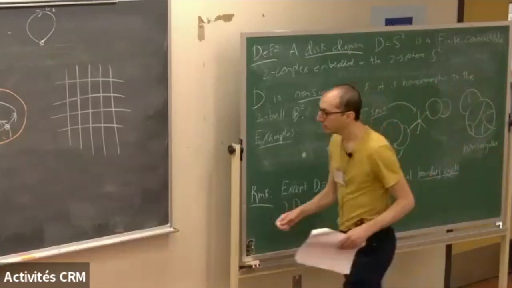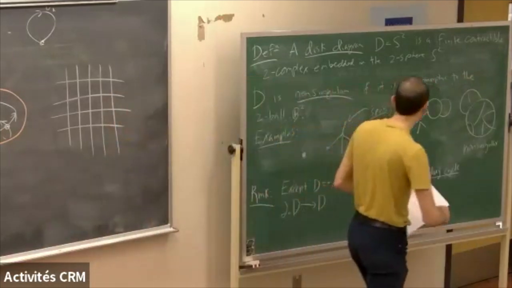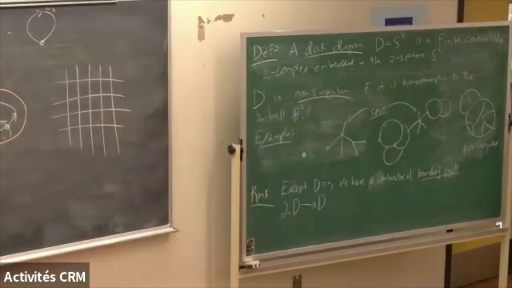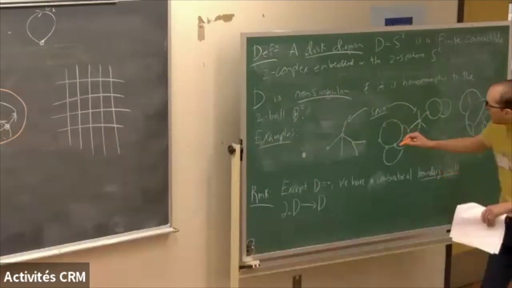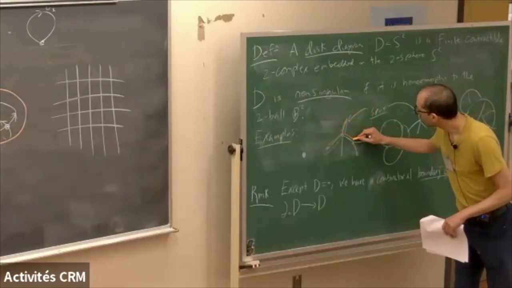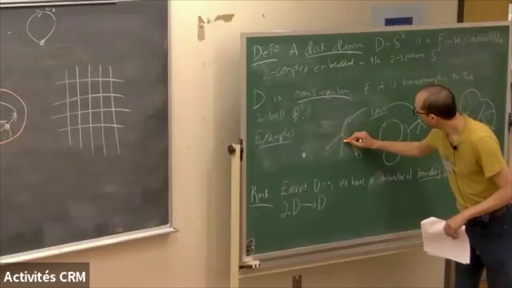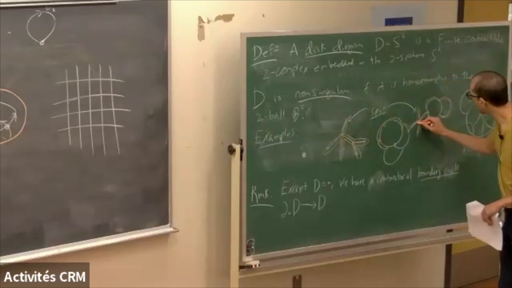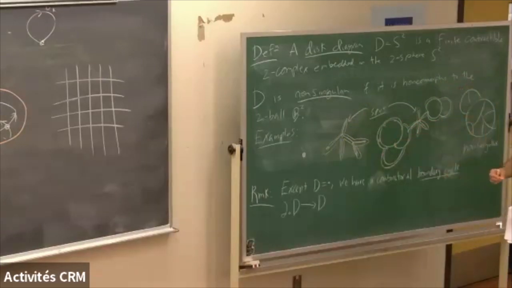And you could add one more disk to this thing to get a two complex cellulation of the two sphere. So you could think of this boundary cycle as the attaching map of that two cell. The map onto the boundary is an embedding only in the case where the disk diagram is not singular.